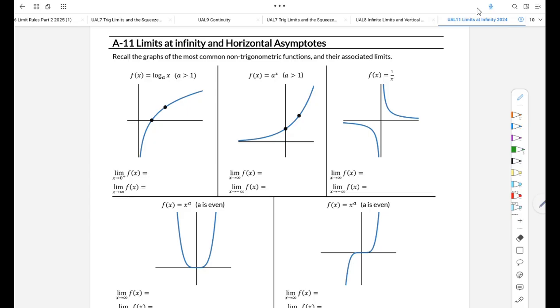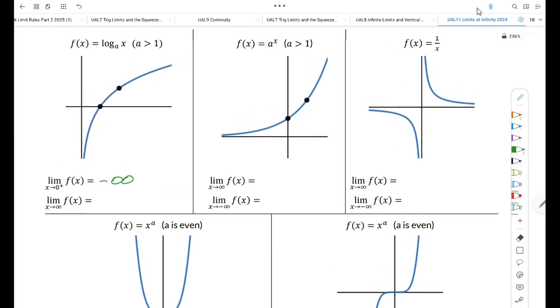Does not matter what the base is, the graph always has the same general shape. Logarithms are not defined at 0, because as you approach 0 from the right, the limit goes to negative infinity. So that's our first limit there. There is an asymptote on a logarithm graph at x equals 0, and we are going to negative infinity there.